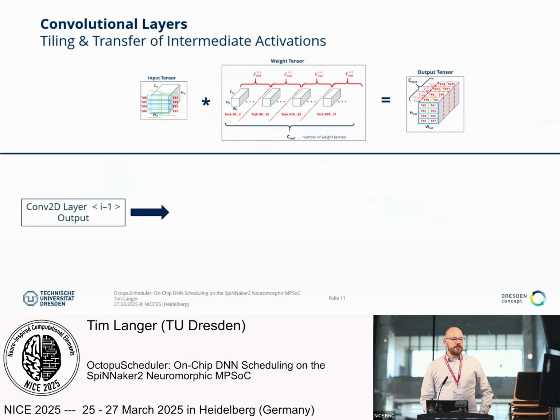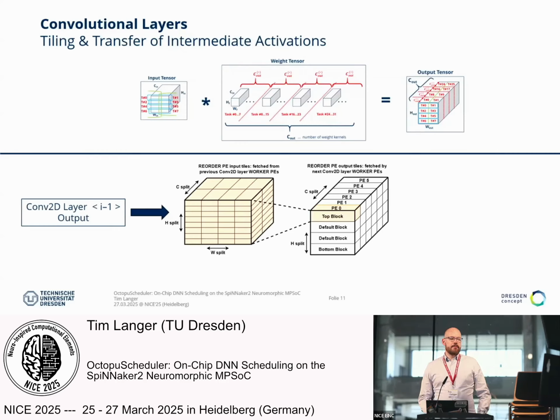When you receive this from a previous layer, you want to reorder these output tiles because they don't necessarily match the required input tiles for the next layer. So you need to rearrange a bit. You might need to do some padding and to recombine these output blocks of the previous layer for the input blocks of the current layer.